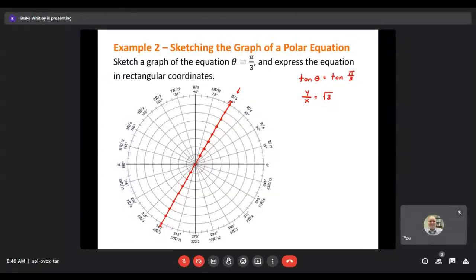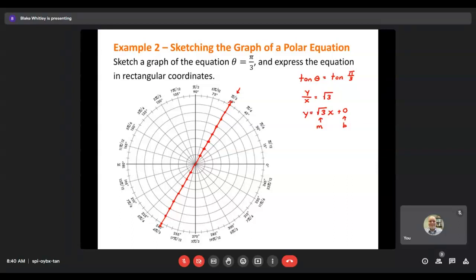Now, a form that you're probably more familiar with would be if I get y by itself, right? So I'm going to solve for y here. I'm just going to multiply both sides by x. So we get y equals square root of 3 times x. So basically what this tells us is we have a linear equation where square root of 3 is our slope, and then the y-intercept, the b value, is just 0, right?